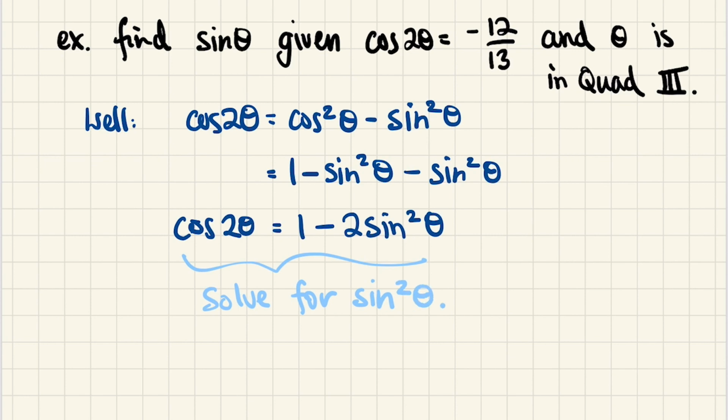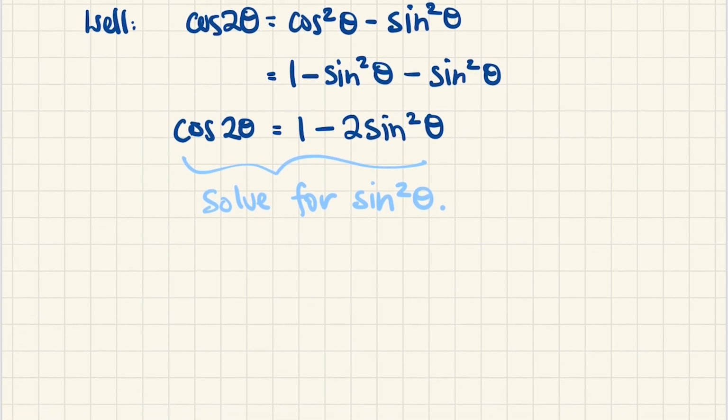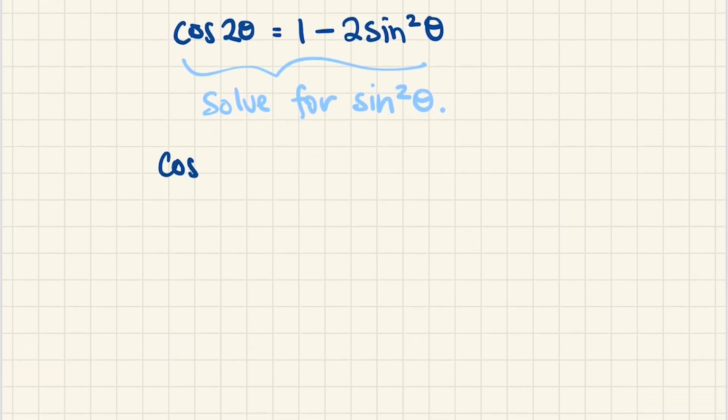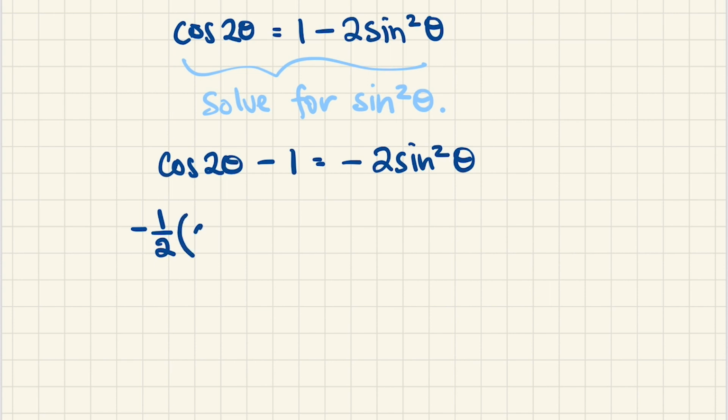So let's isolate sine squared. We can see that if we subtract 1 from both sides, we will get negative 2 sine squared theta. And dividing everything by negative 2 will give us negative 1/2 times cosine of 2 theta minus 1 is equal to sine squared theta.